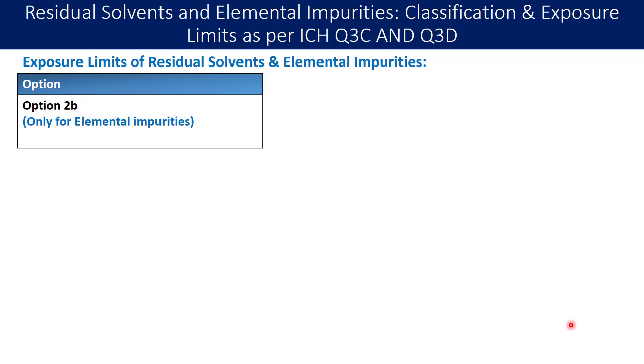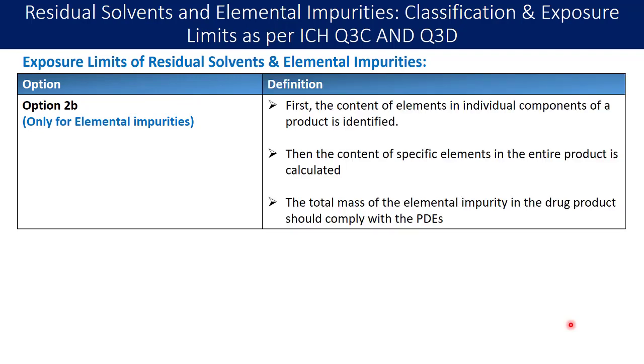Let us now talk about option number 2B. This option 2B is only defined by the elemental impurity guideline, that is Q3D R2. It is not as such defined in the residual solvent guideline, but there is a connection between 2B and residual solvent limit expression. Let us talk about elemental impurities first.